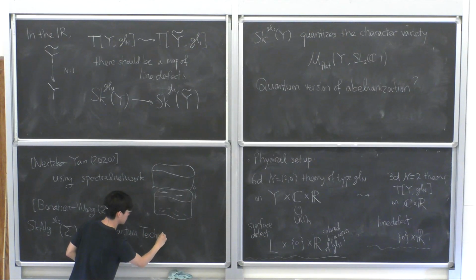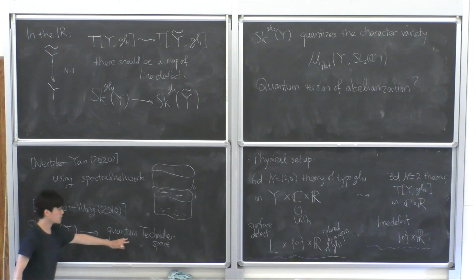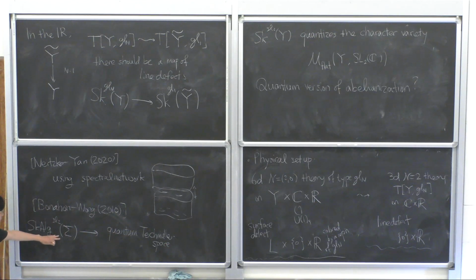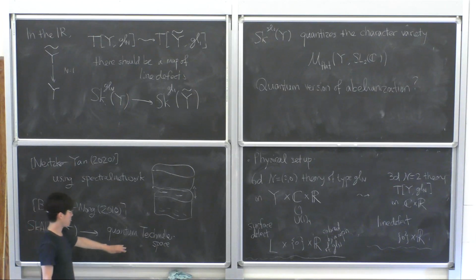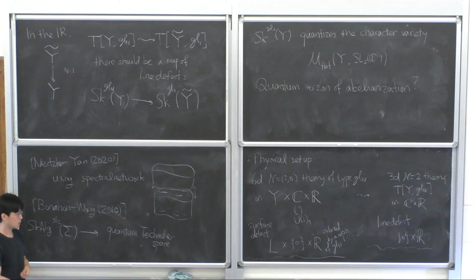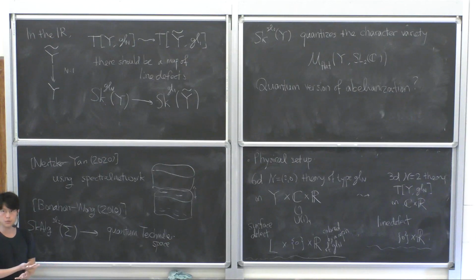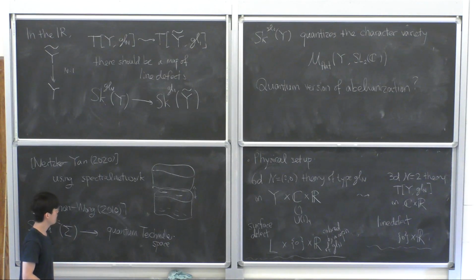which is another quantization of the character variety of surfaces, where each coordinate chart in this quantum Teichmüller space is a quantum torus, meaning it's described in terms of Laurent polynomials in q-commuting variables.